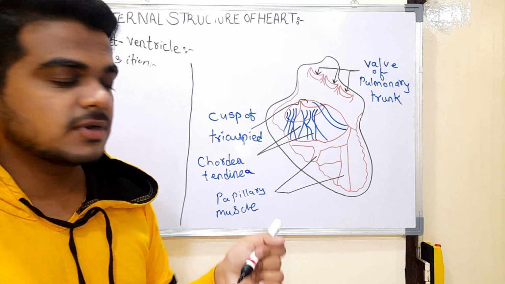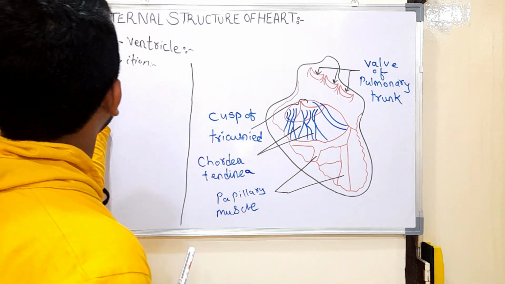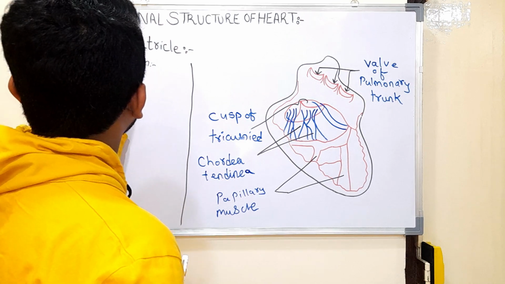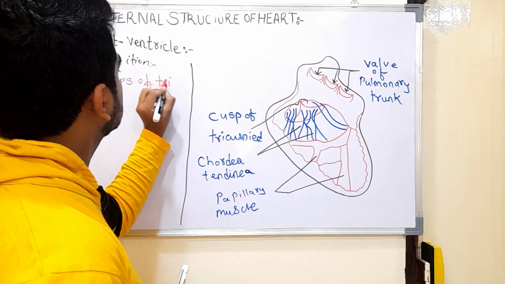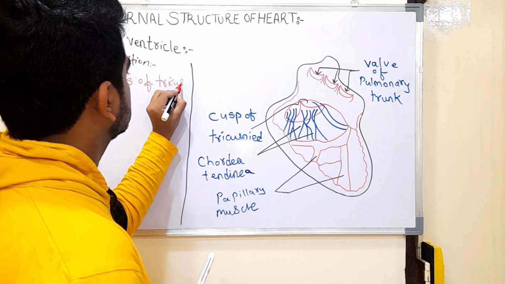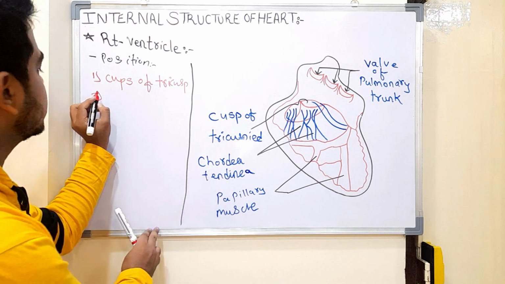Okay, so we will see one by one. First is cusps of tricuspid valve. Second, chordae tendineae.